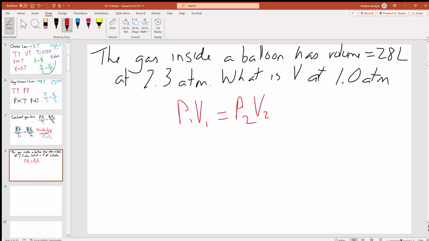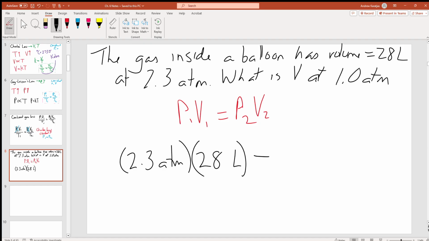So when I do these, I like to think of our P1 V1 as our initial conditions, where we start, and then P2 V2 as where we're ending. But if you switch them, reverse them, it won't make any difference. But if we do it the way I just mentioned, then our P1, 2.3 atmospheres, times our volume when it was at 2.3 atmospheres was 28 liters.